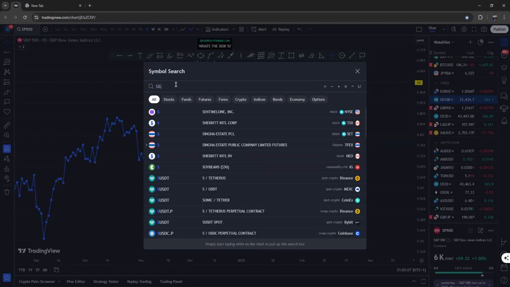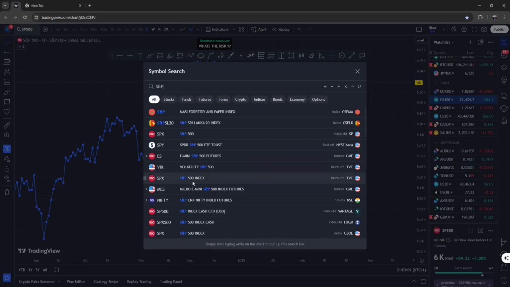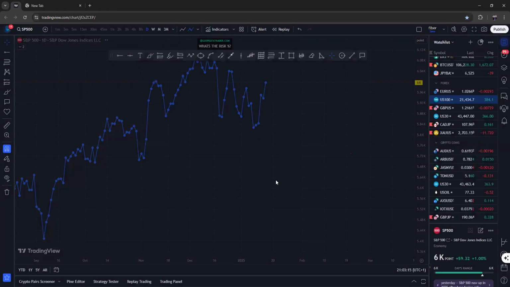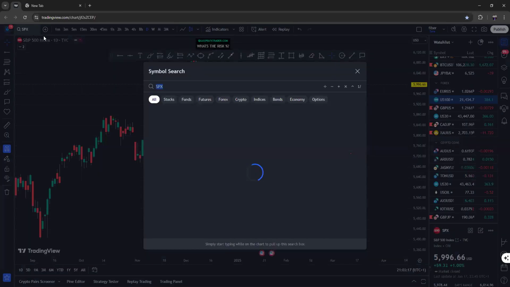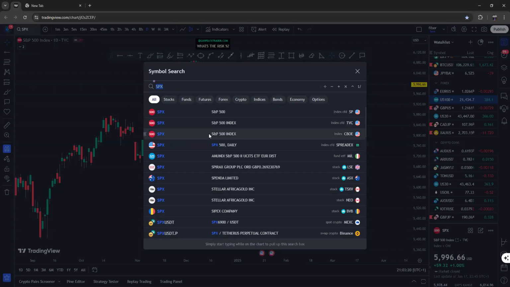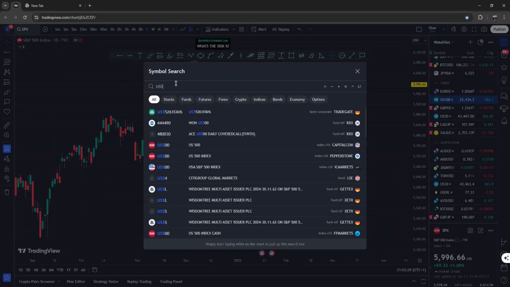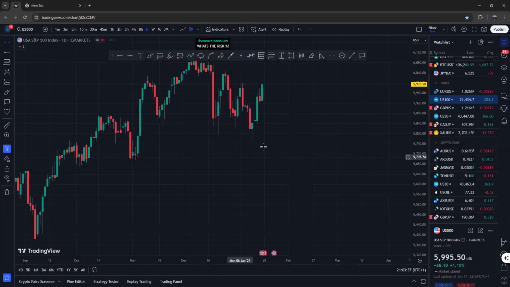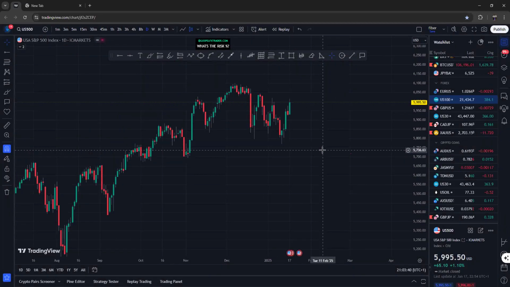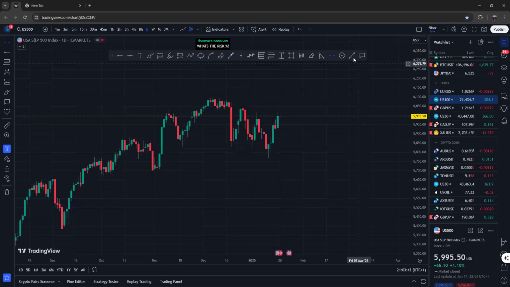We have S&P 500. Am I typing it correctly? S&P 500 index. So it's the same thing, same movements as US 100.